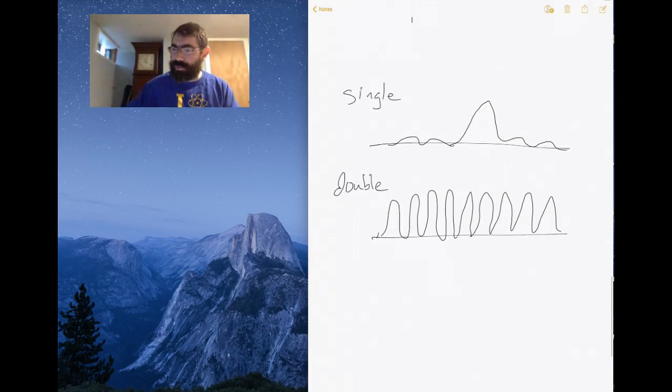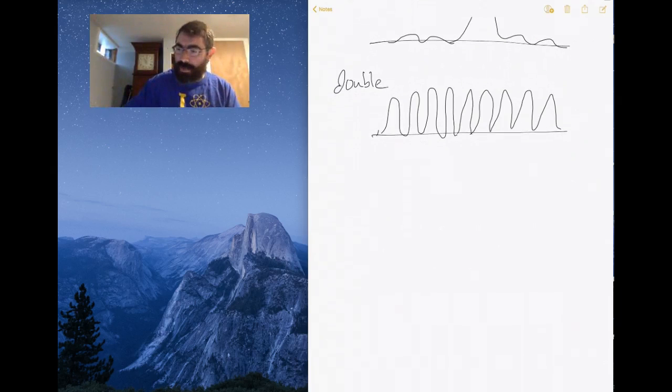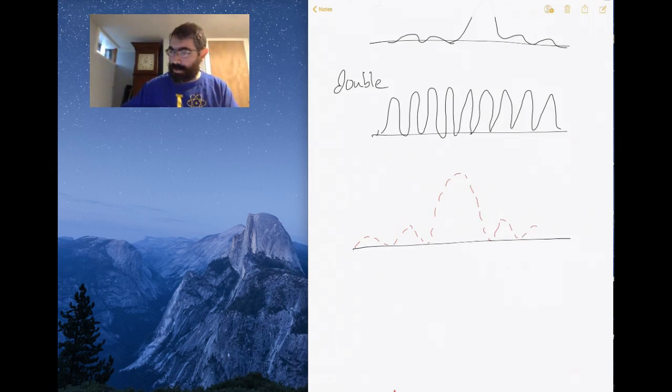And if I put those two together, the combination of the two is the single slit diffraction combined with the double slit diffraction. Like so.